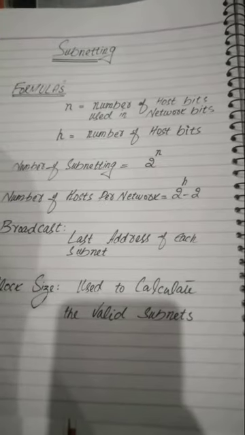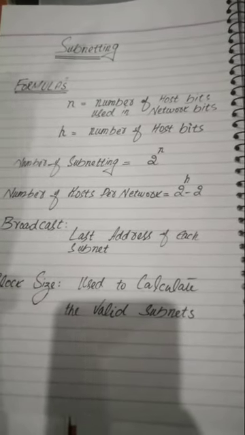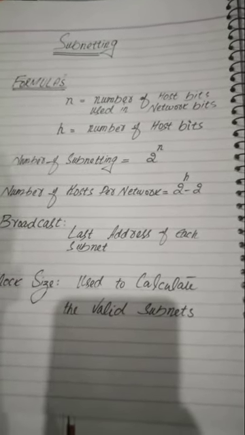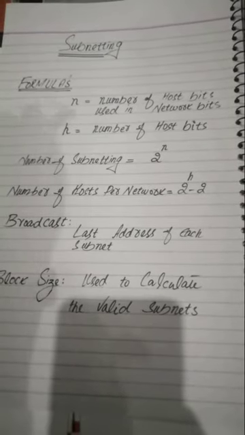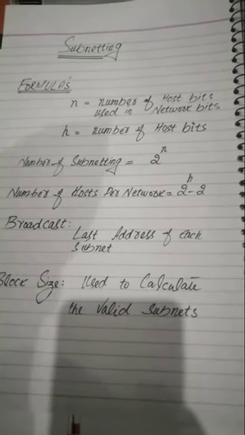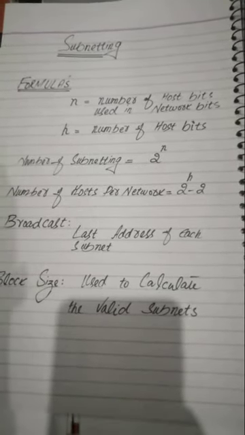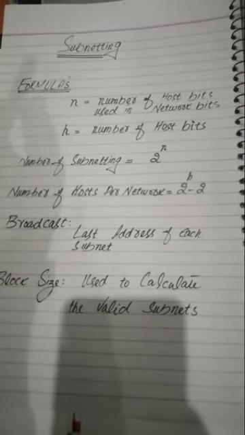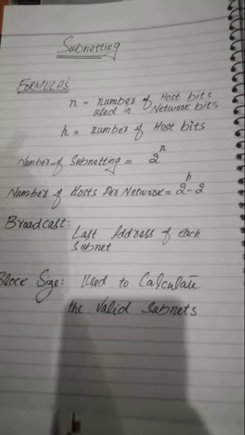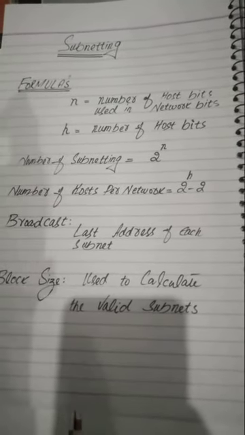Because we will not be using the broadcast IP, and at the end of every subnet mask address we reserve that IP address for multicasting. So we are subtracting 2 from this formula, which means that we are eliminating the broadcast IPs.